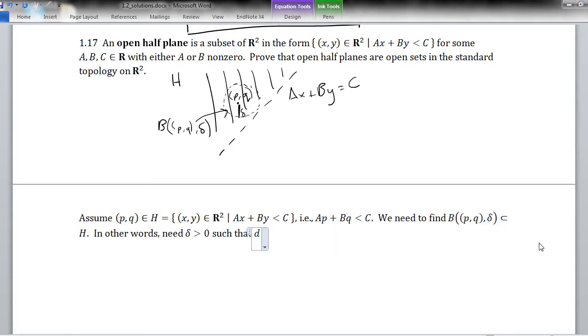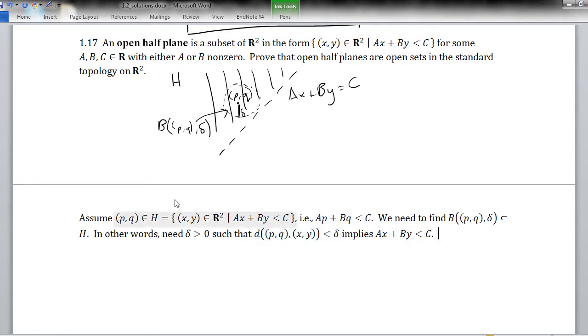Such that if the distance from (p, q) to some other point x, y is less than this delta, so that x, y is in that ball, then that implies that the point x, y is in H. Right? And x, y in H means that ax plus by is less than c. Okay. So that's what we need to do. Find the delta such that if (x, y) is within delta of (p, q), then ax plus by is less than c.